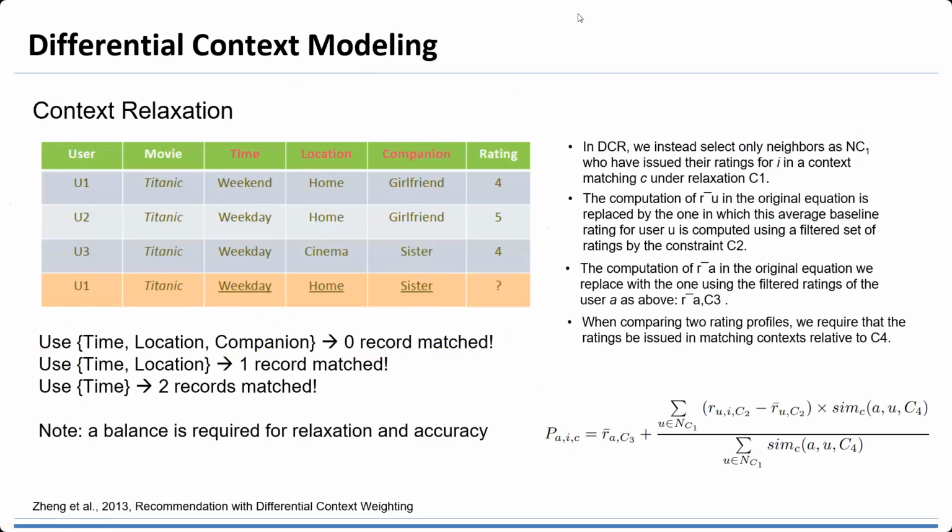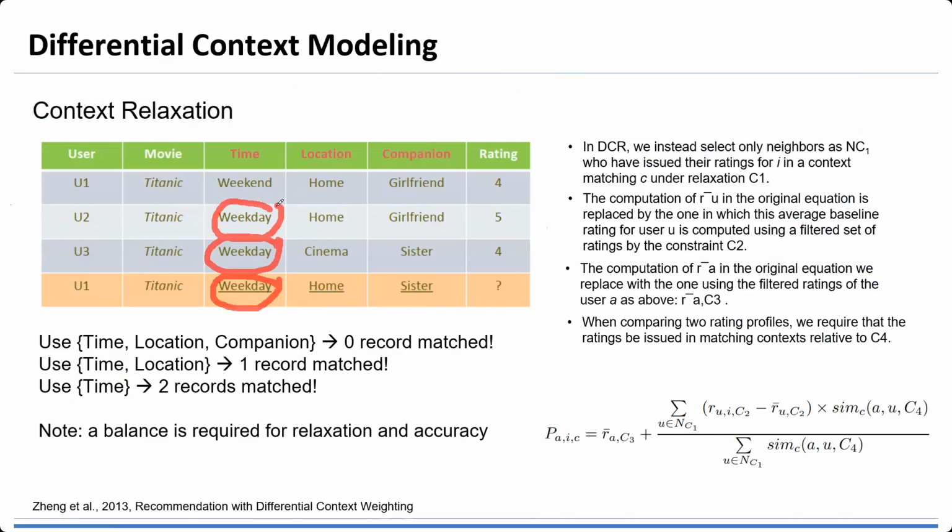Now, if I try to relax and use only time and location, weekday and home, we have user 2. If we use the time and location only, user 2 matches. How about if I use only time? If I use only time, weekday, there are 2 users that match.